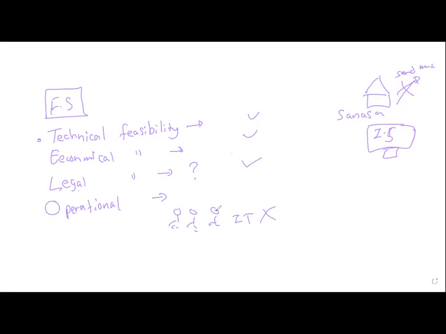You can't operate the system. Operational feasibility is not there because these people, they don't know, right, how to work with information system. එහෙනම් operational feasibility එක බලන්නේ මේක operate කරන්න පුළුවන්ද බැරිද කියන එක.